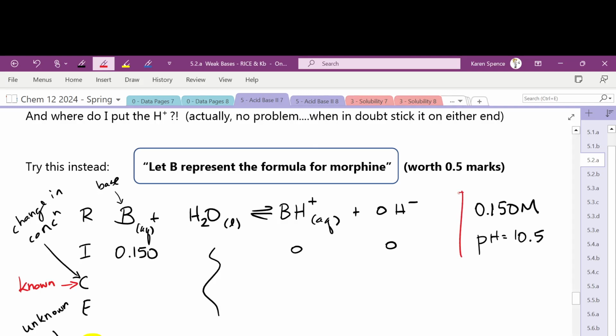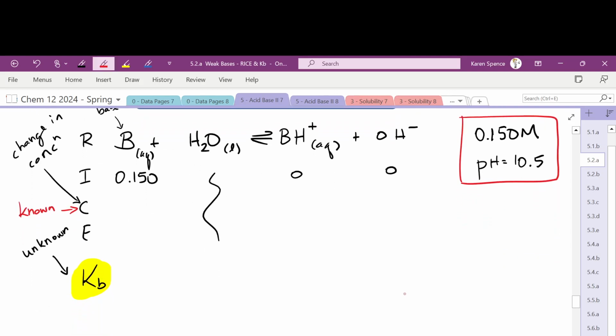What information do we have that will allow us to find that change? We have the pH, yes? So over here, what could we do with our pH? We could take our pH and turn it into H plus. Now, is that going to help us with our equation here?